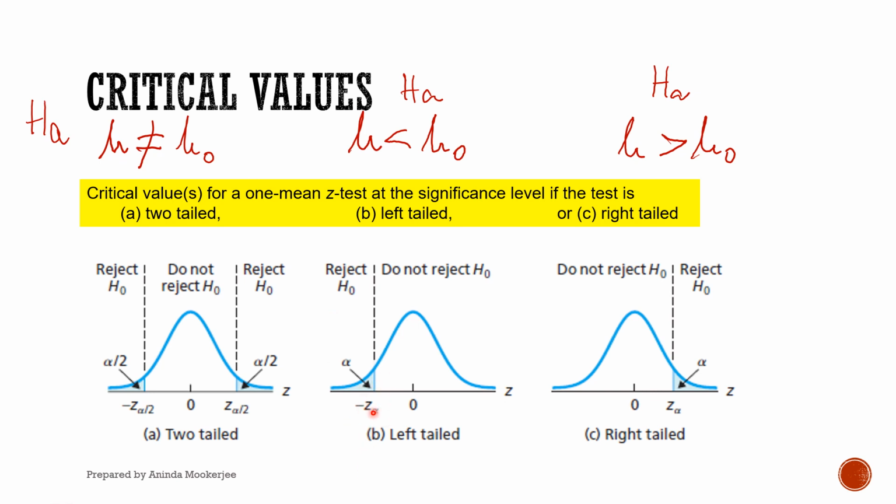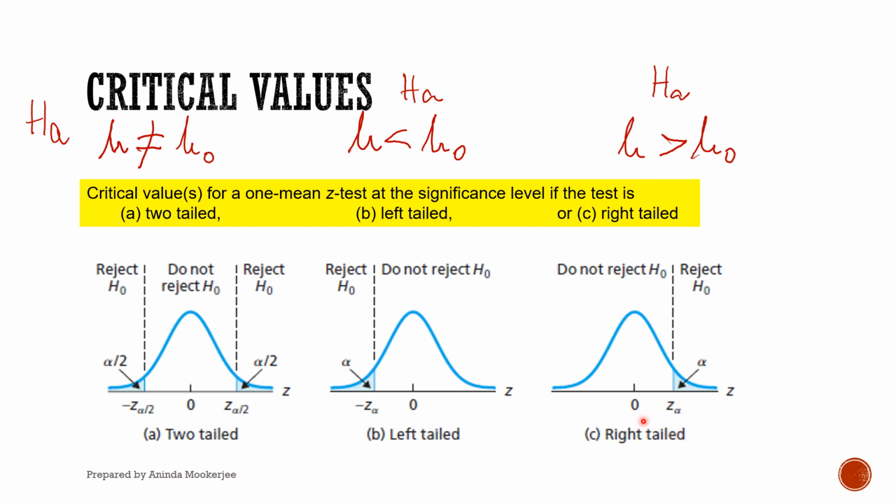So if it is on the left-hand side, it'll be negative z of alpha. For a right-tail test, the reject region is to the right. Alpha is also to the right because alpha always goes with the reject region, and the cutoff point, the critical value, is z of alpha.